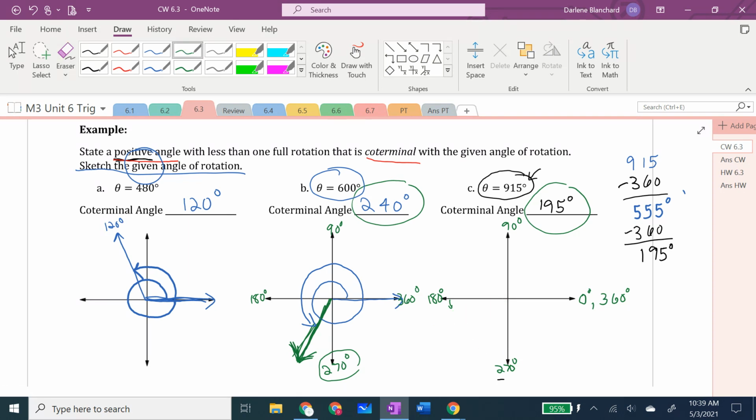And I don't expect it to be the most perfect angle. But I would say that on a test, I would be looking for it existing somewhere in here. If you can at least get it in the correct half of a quadrant, that's good enough.